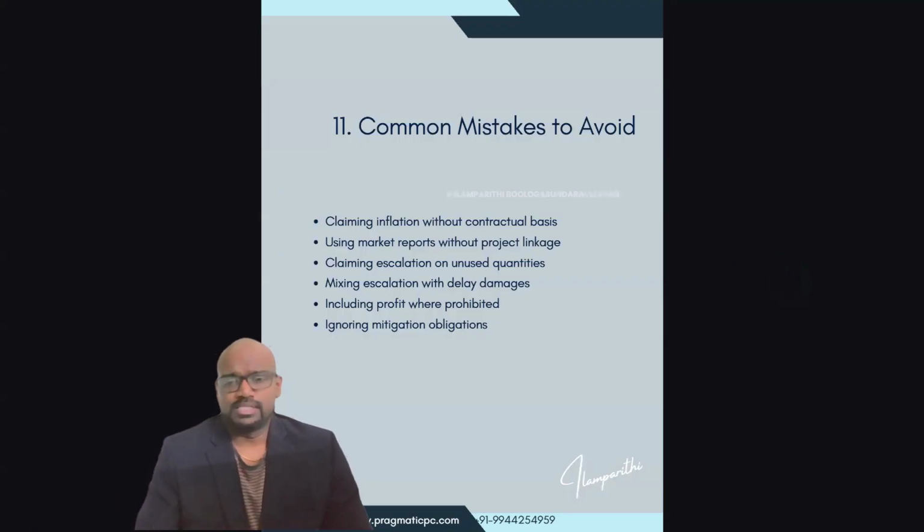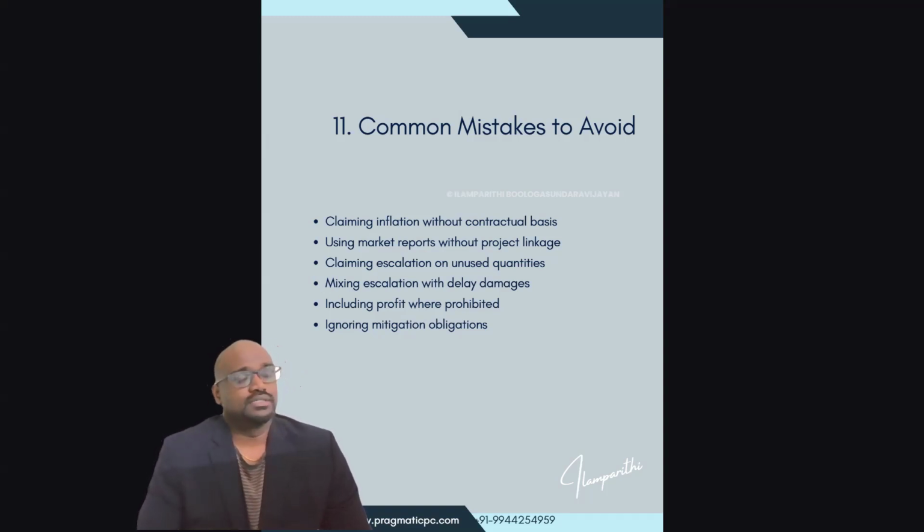What are the common mistakes you should avoid? Claiming inflation without contractual basis, using market reports without linking to the project, claiming escalation on unused quantities, mixing escalation with delay damages. Both are different.